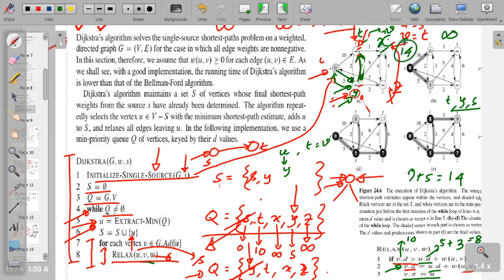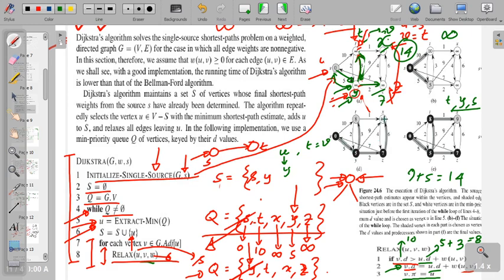And then again I can reach from here to here. What will be the cost of Z? 7. 5 plus 2, 7. So this is again with some other cost.